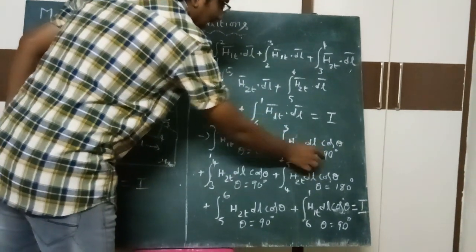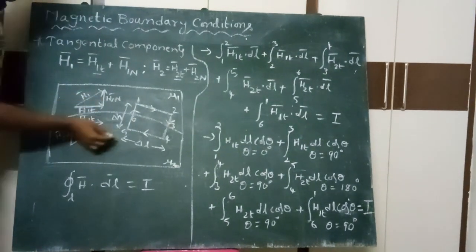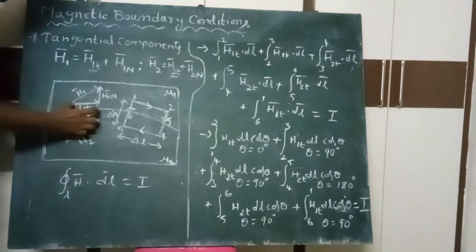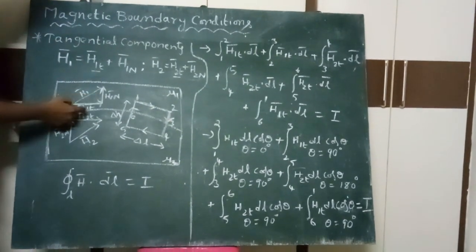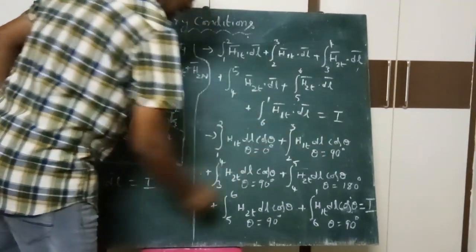Here the angle theta is 90 degrees. So here this is the direction of H1T and integral 2 to 3 means this is dl. So this dl and H1T are normal or perpendicular to each other. So theta equals to 90 degrees.